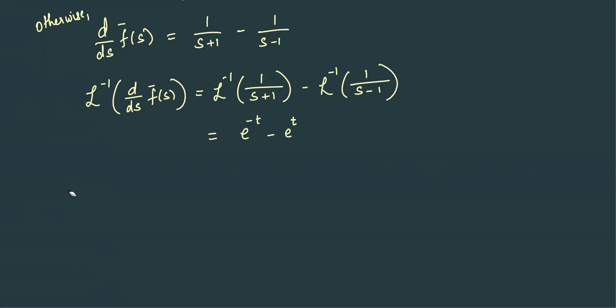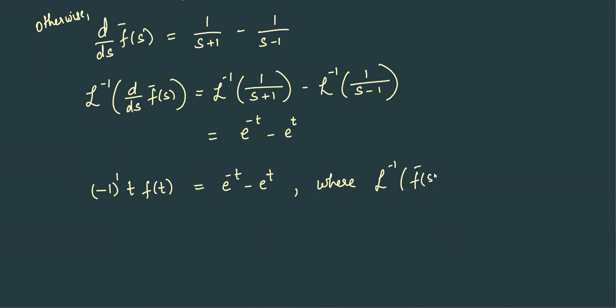So now this is minus 1 to the power 1 t f of t is equal to e power minus t minus e power t, where Laplace inverse of f bar of s is equal to f of t, which implies f of t multiplied with a minus sign, this minus 1 on e power t minus e power minus t upon t, which can be multiplied and divided by 2.